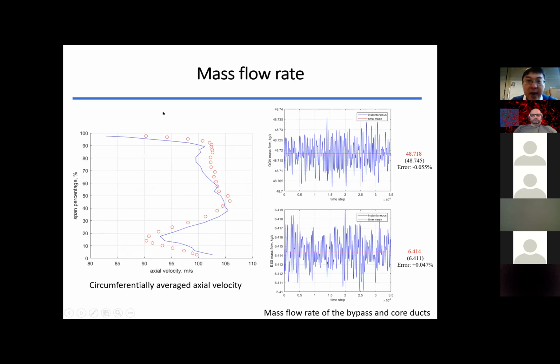We check the axial velocity distribution radially, and that matches reasonably with the simulations. We also check the mass flow in the bypass and in the core. The error is just below 0.1%, so it's relatively small. So we can see the simulation is running almost the same as the experiment.